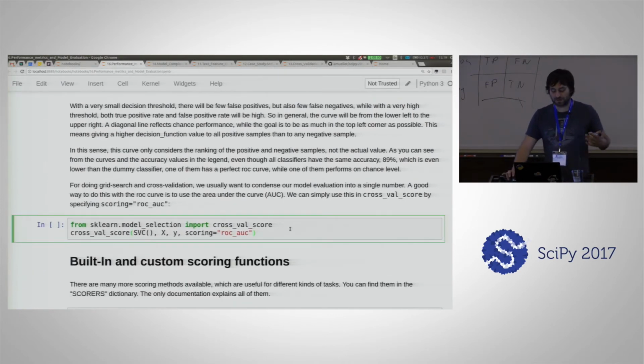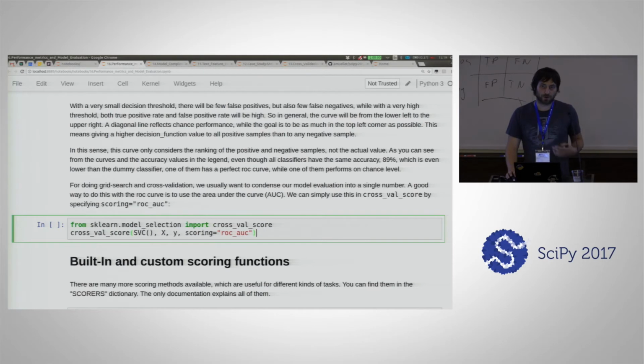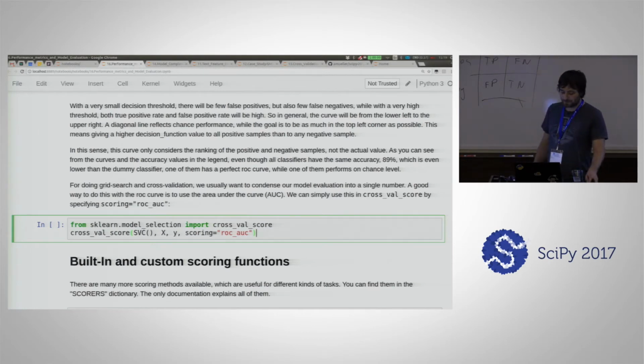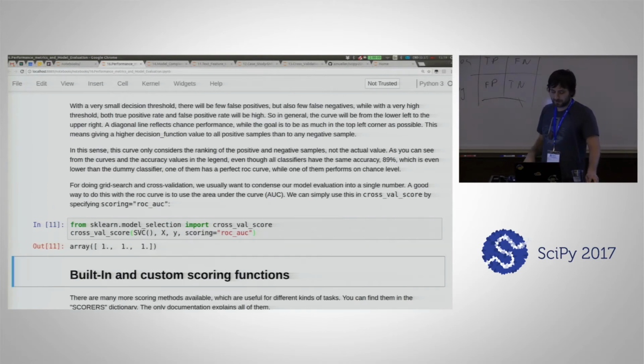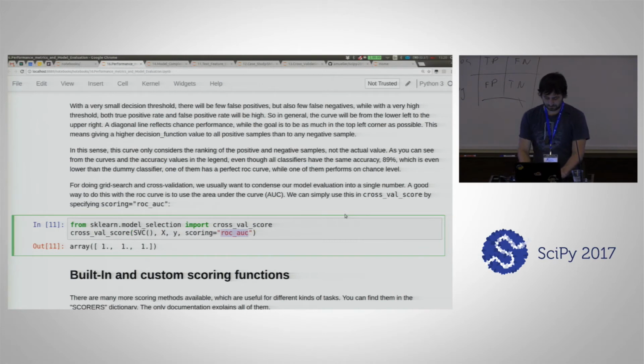So if you want to use this metric or any other metric for cross-validation or grid search, you can do this very easily by using the scoring parameter of cross-val score. There's a list of built-in scores, for example, roc_auc for the area under the curve. And if I do this, it'll just do cross-validation with ROC AUC instead of accuracy. I could also do F1 macro, right?